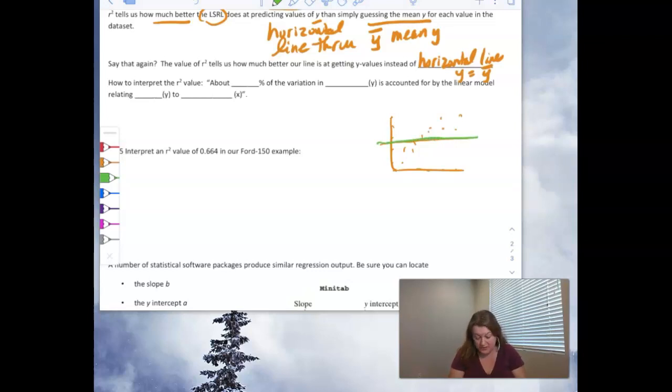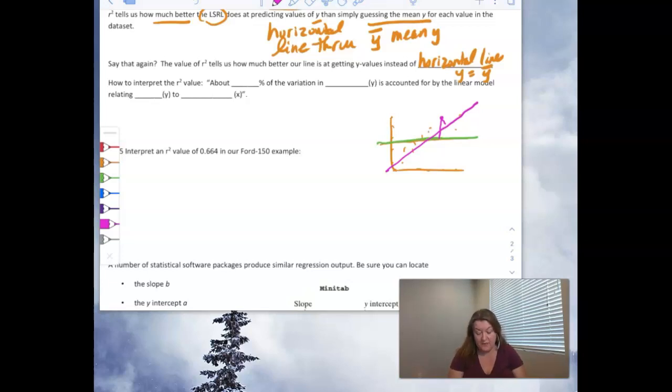Okay, and then my least square regression line is, let's say, here, I'm guessing. Every time a point is closer to my least square regression line than it is to the mean y, it gets added into the percentage total. So basically I'm saying this is the percentage of dots that are closer to my least square regression line than to just the mean y line horizontally through it.